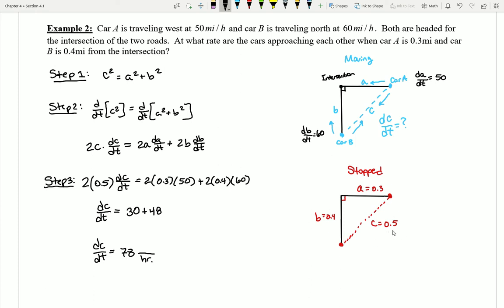When I say this is 0.5, this is 0.5 what? 0.5 feet, 0.5 meters, 0.5 kilometers? What are we dealing with? Oh, looks like miles. So notice here I'm going to have 78 miles per hour. And so, of course, if you wanted to write that with the more common abbreviation of mph, you're more than welcome to do so. So this is the speed at which the cars are approaching each other at this specific moment in time.